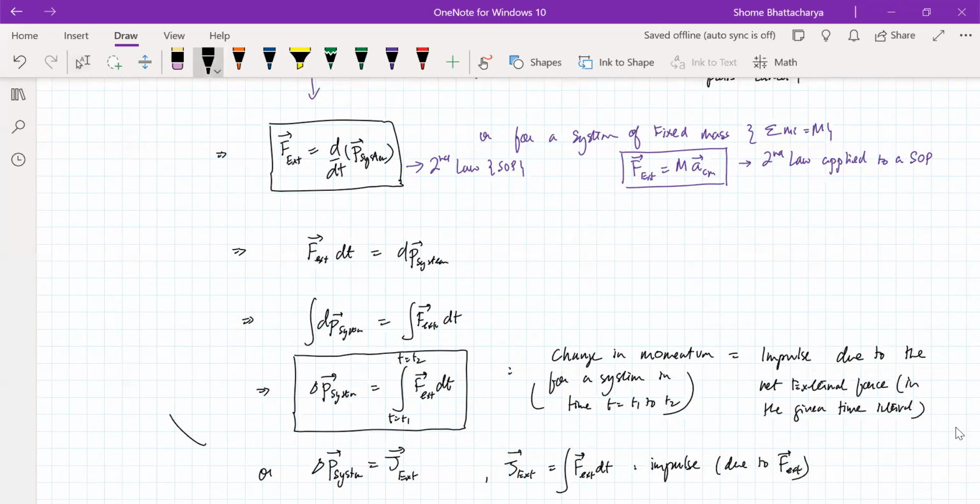So this is the impulse momentum theorem for a system of particles.